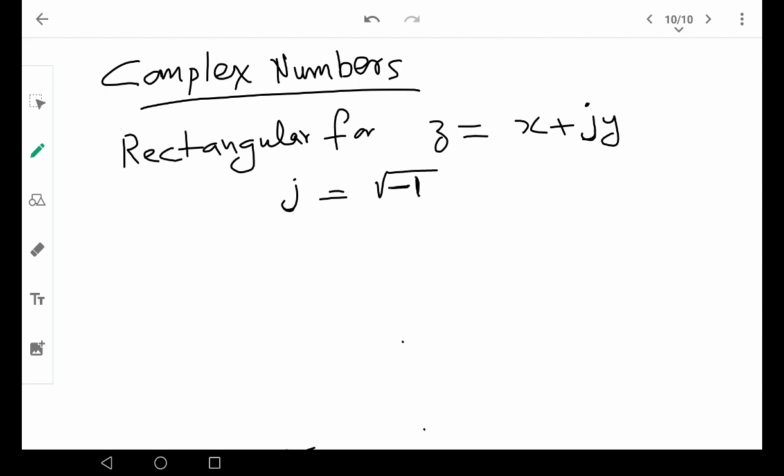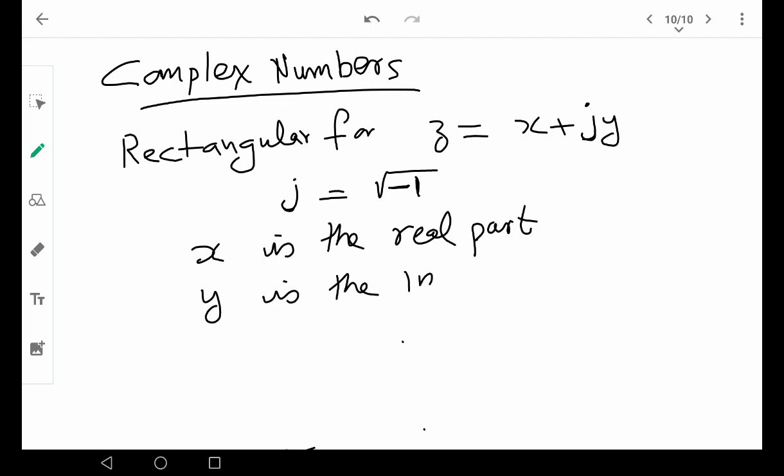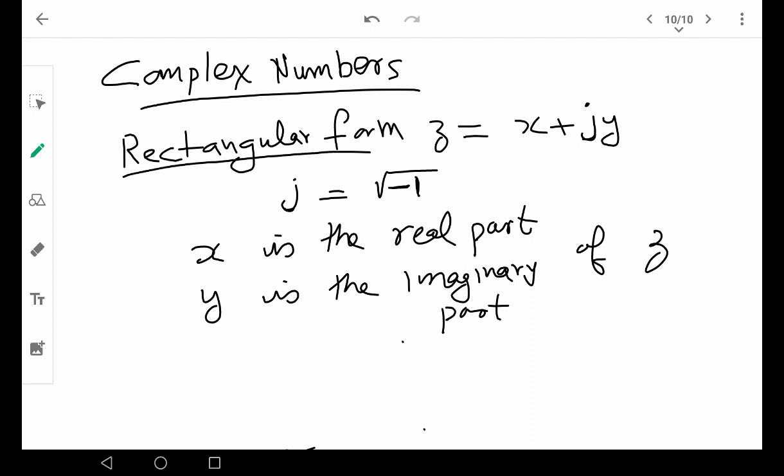So x is the real part and y is the imaginary part, both of z. So this is the rectangular form.